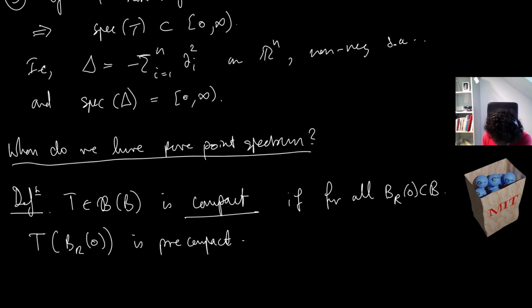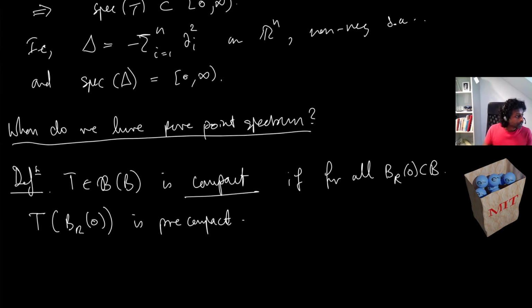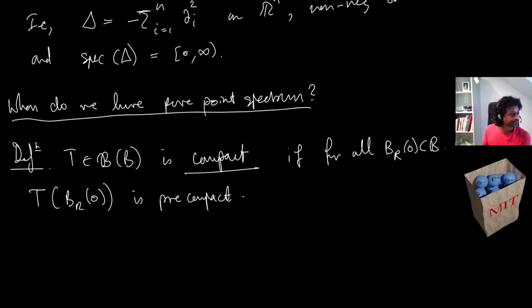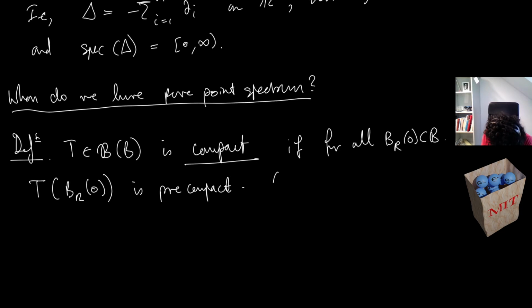Okay, so this is for all r. Maybe I should remind what this means: this as a set is compact.